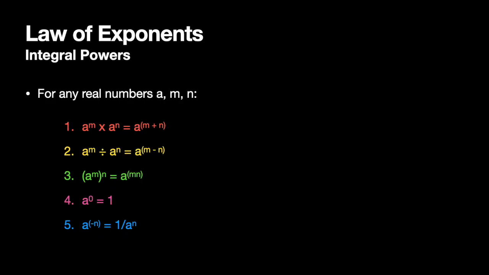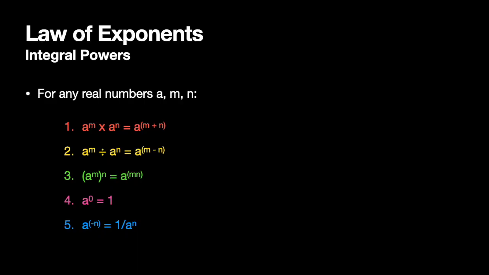And similarly for division, we subtract the powers. So a to the power of m divided by a to the power of n is simply a to the power of m minus n. The third one is the power of a power. So if we raise a to the power of m all raised to n, we simply multiply the powers together.